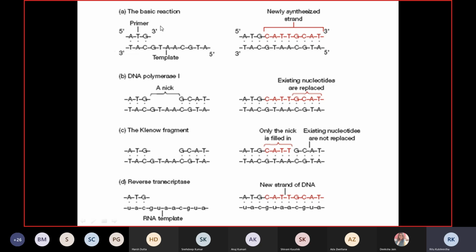So DNA polymerase always requires a 3' OH group, and once it has that, let's say a DNA polymerase will come and keep adding the fresh nucleotides which are corresponding to these nucleotides. By which activity does it add these nucleotides? By 5' to 3' polymerase activity.